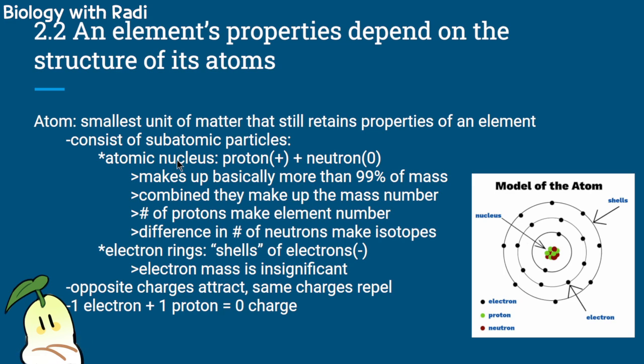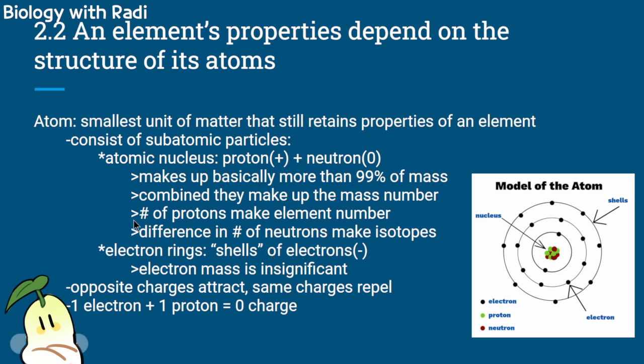So the atomic nucleus makes up the mass number, because electrons don't have a significant mass. I don't remember the exact number, but if you look in the textbook, they give you the exact magnitude of how small the mass is. It's basically just really small.